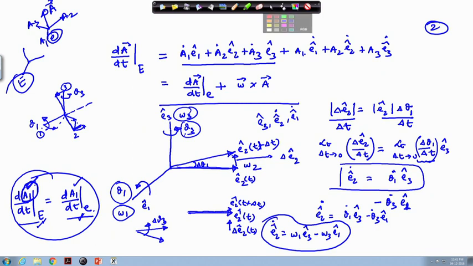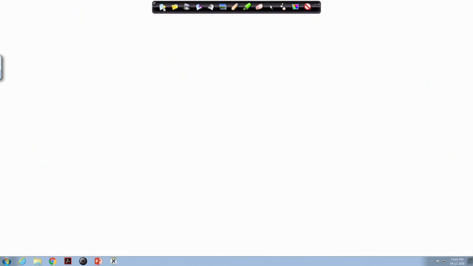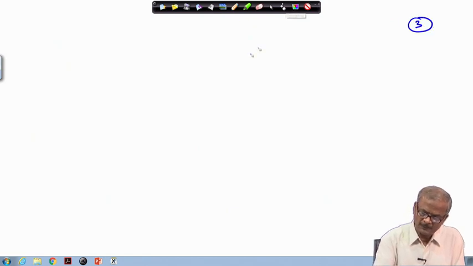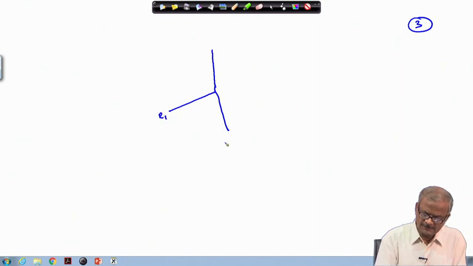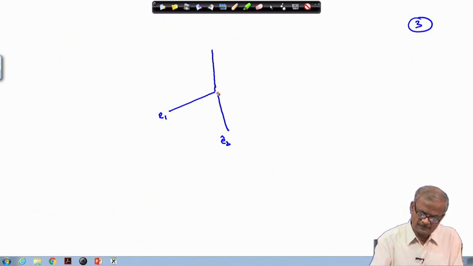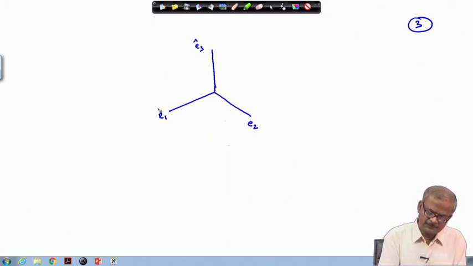So, maybe I draw for you another picture to make it more clear on the next page. What we have done is this: we have this frame here, this is E 1, this is E 2, and here this is E 3.